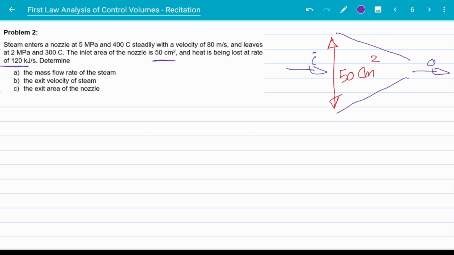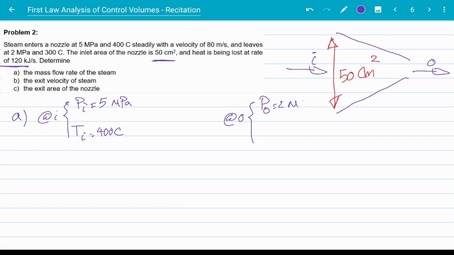All right, so let's start with part A. At the entrance, we know that our pressure is 5 megapascals and our temperature is 400 degrees Celsius. Now, what about the exit? At the outlet, we know that our pressure is 2 megapascals and our temperature is 300 degrees Celsius.